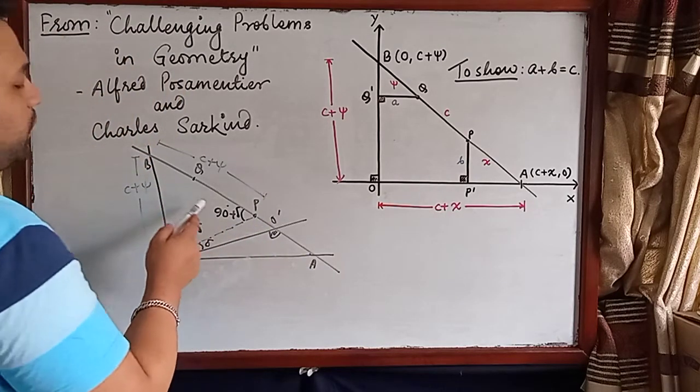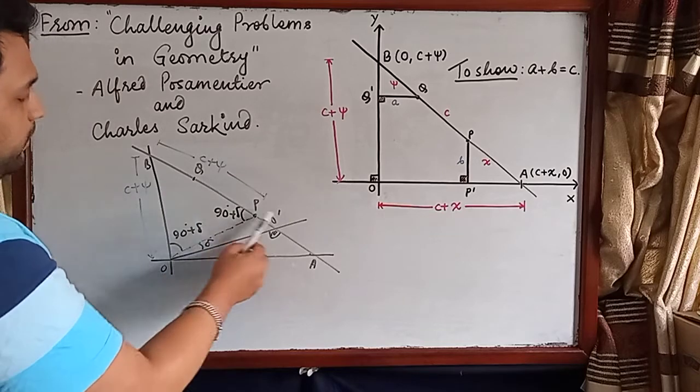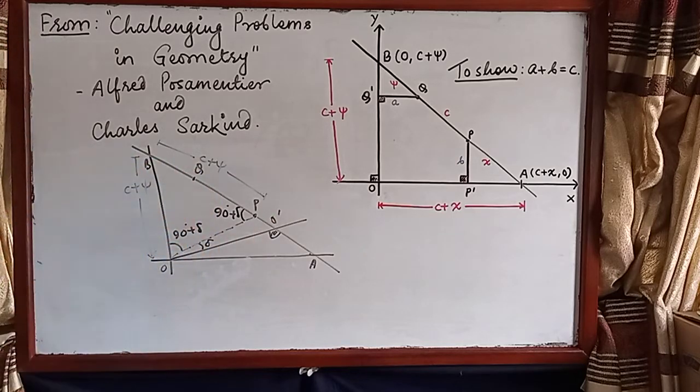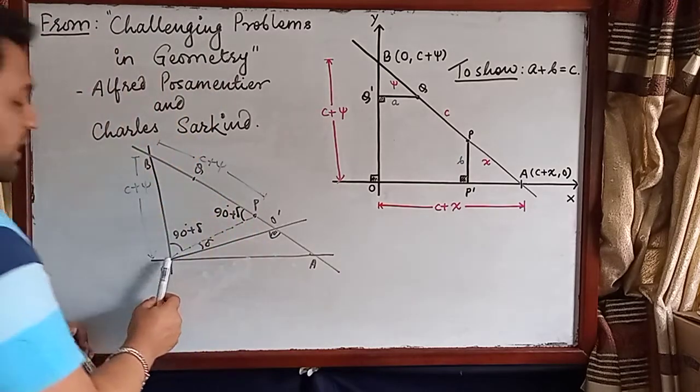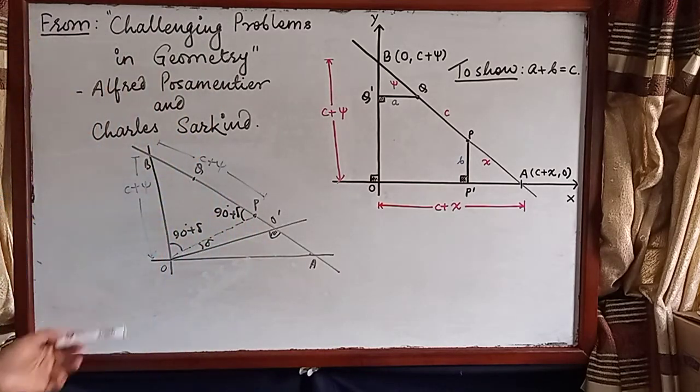So we cannot have OP perpendicular to AB. We cannot have OQ perpendicular to AB.